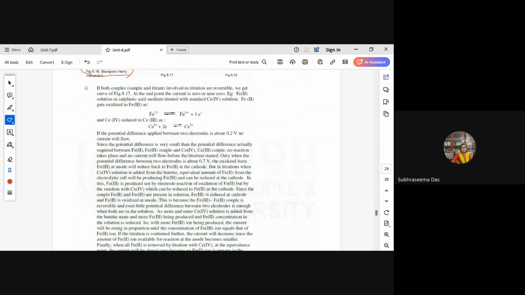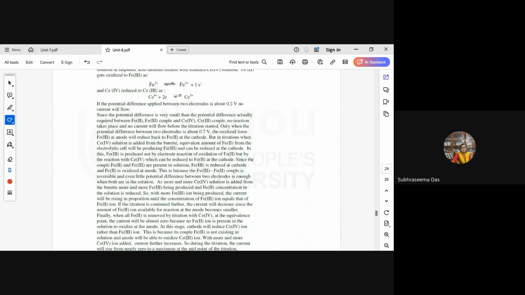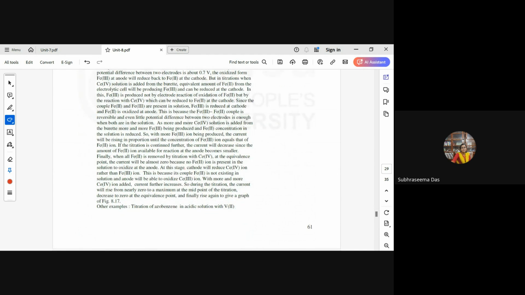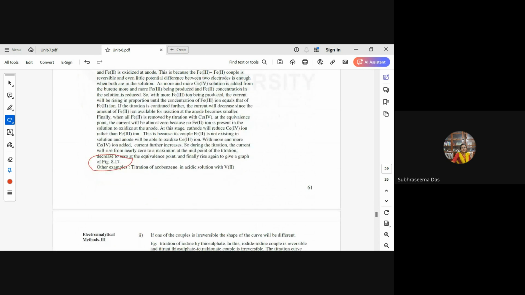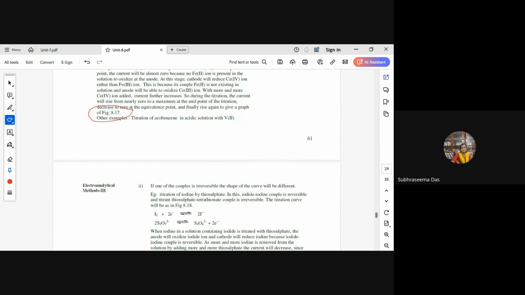If the potential difference between the two electrodes is about 0.2 volt, no current will flow. During this titration, the current will rise from zero at the middle of the titration to the other end, and it finally gives a plot like this. Other examples of such titrations include titration of azobenzene in acidic solution.